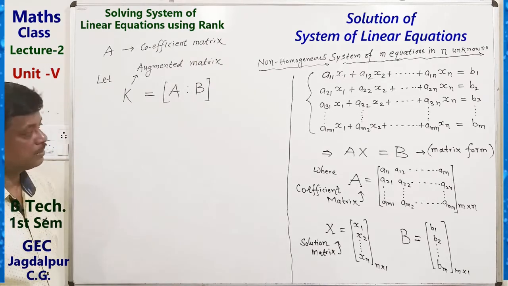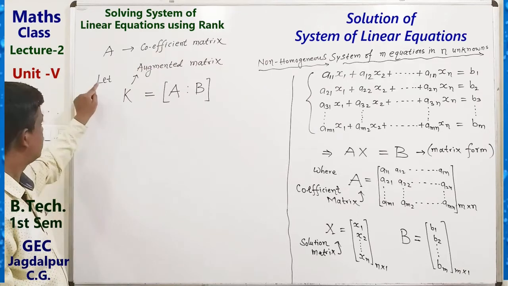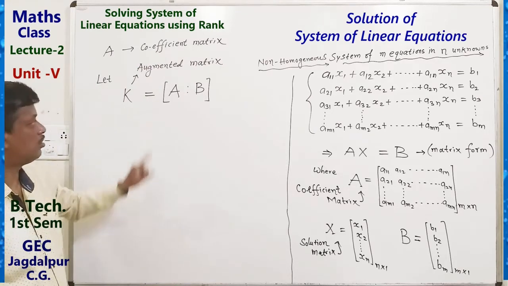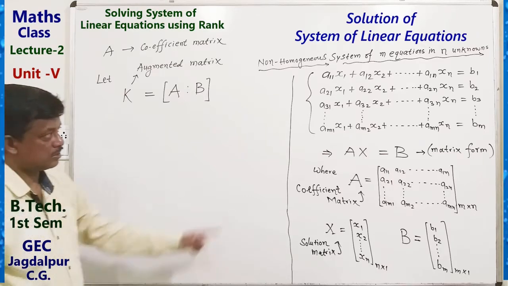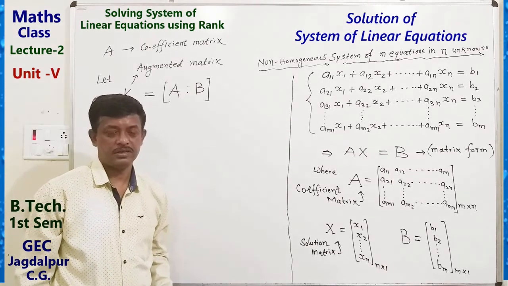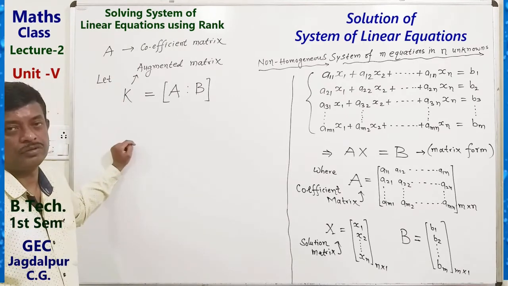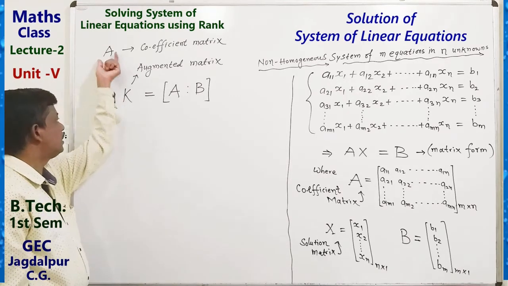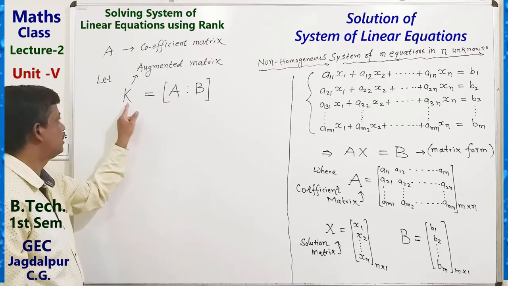We consider the coefficient matrix A, and let K equal this augmented matrix. Okay, for solving this, we will find the rank of these two. This coefficient matrix is also in the matrix K.